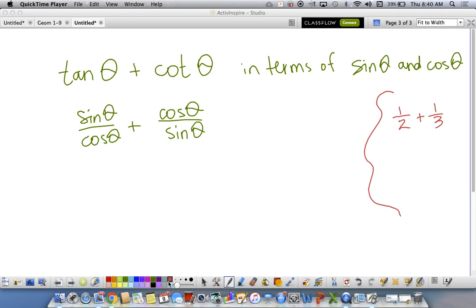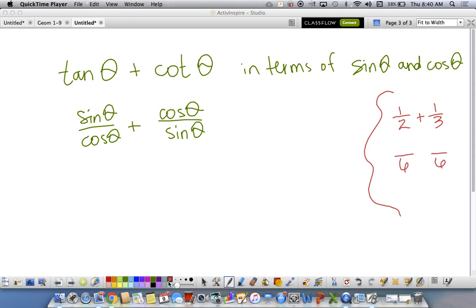Do 2 and 3 have anything in common? Technically that answer is no, so we multiply them together. 2 and 3 don't have any factors that are the same, just like sine and cosine don't have any factors that are the same. So what do we do? How do we get to 6? How do we get something over 6?